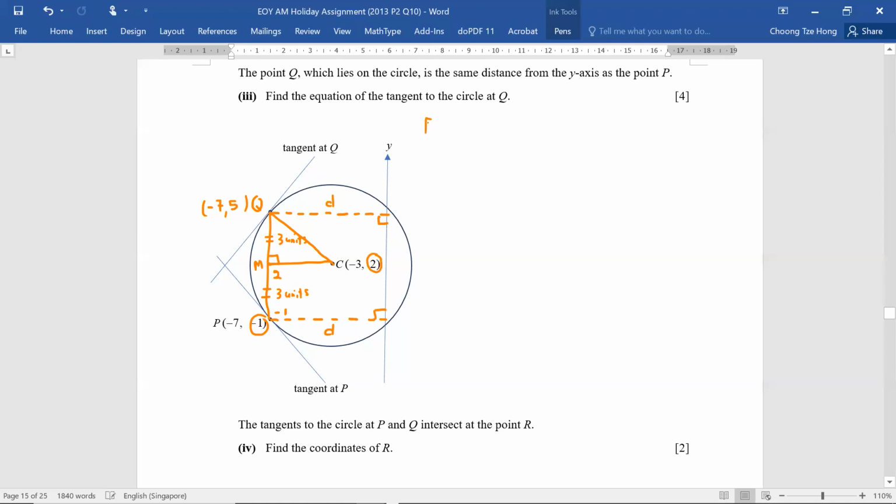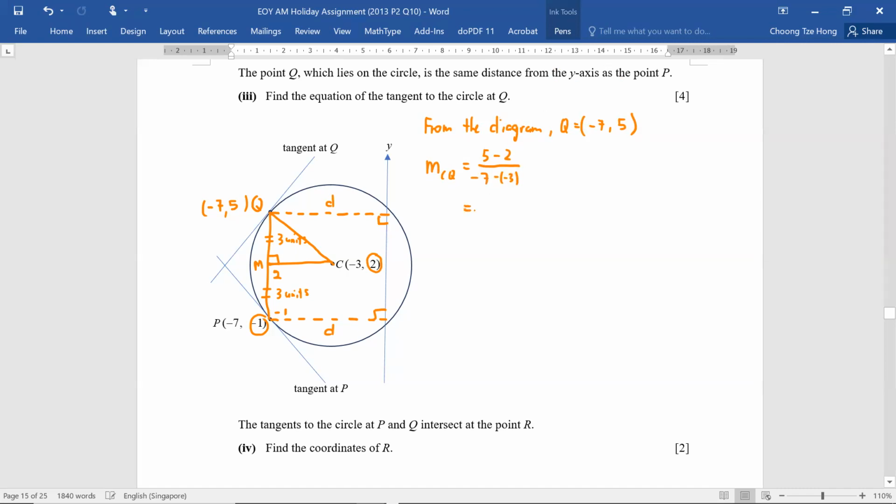So I'm going to write from the diagram. I'm just going to tell them how we found the coordinates of Q. Q equals -7, 5. So the gradient of CQ: y2 minus y1, so 5 minus 2 over -7 minus 3.